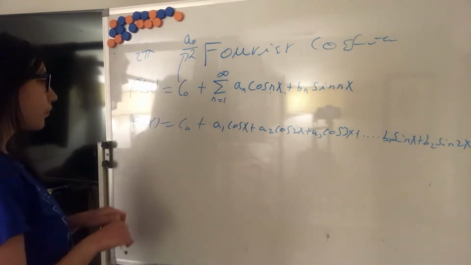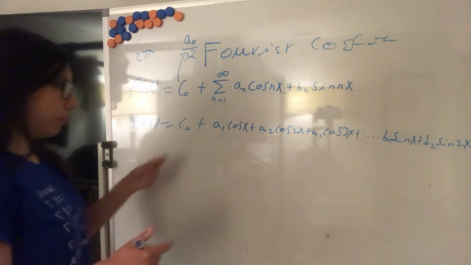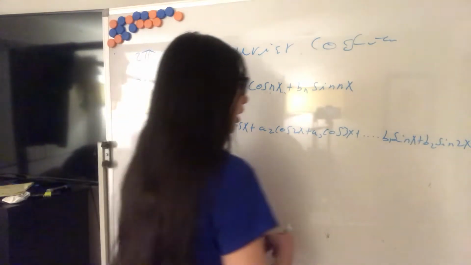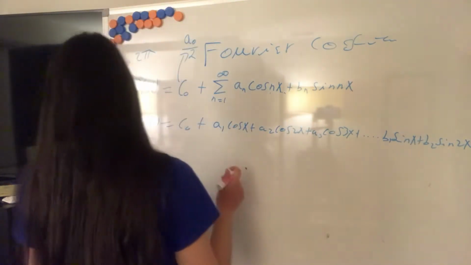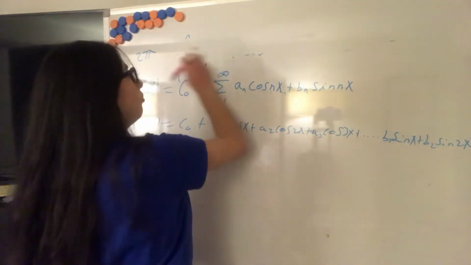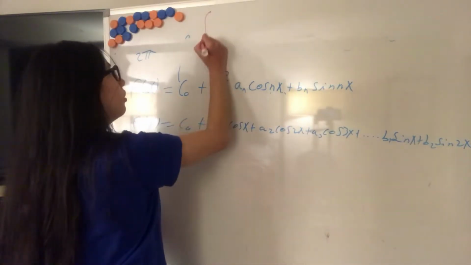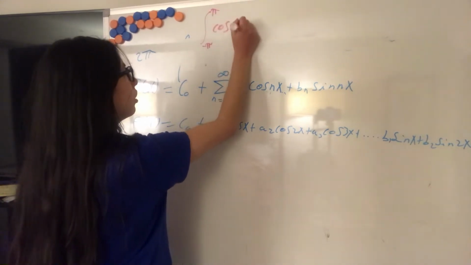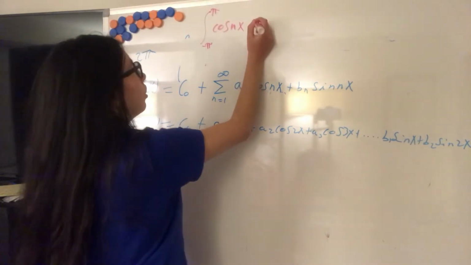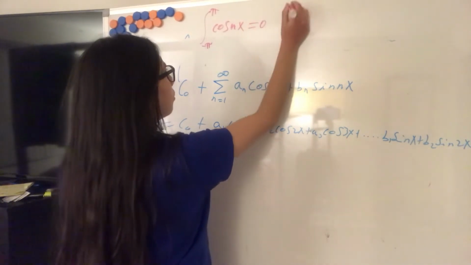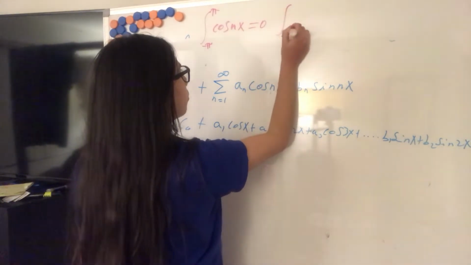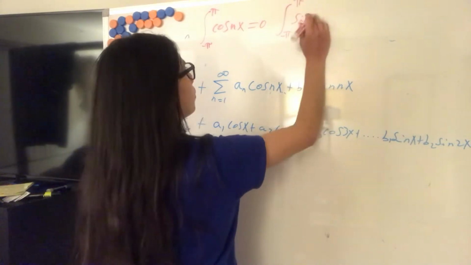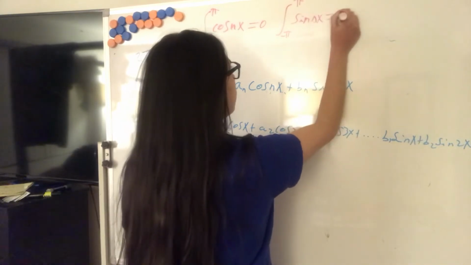Alright, so now, in the previous video we talked about the integrals. So we know that the integral from minus pi to pi of cosine nx is 0. The defined integral from minus pi to pi of sine nx is equal to 0.